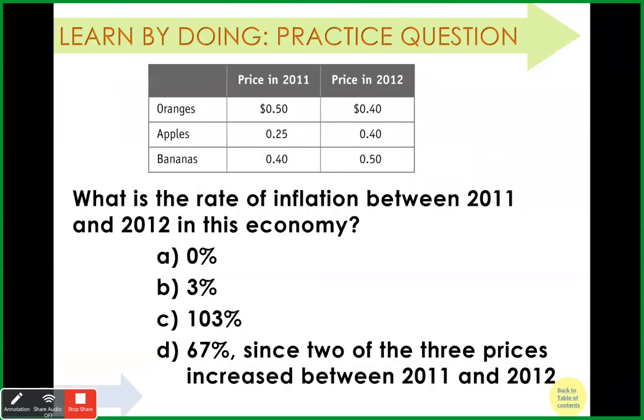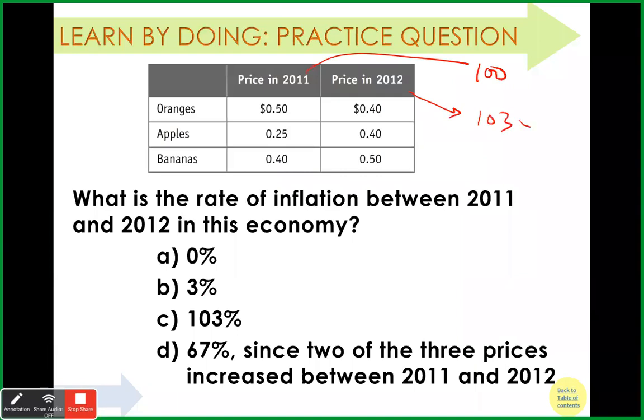Look at this example. For your convenience, from the previous example we knew the price index in 2011 is 100 and the price index in 2012 is 103.